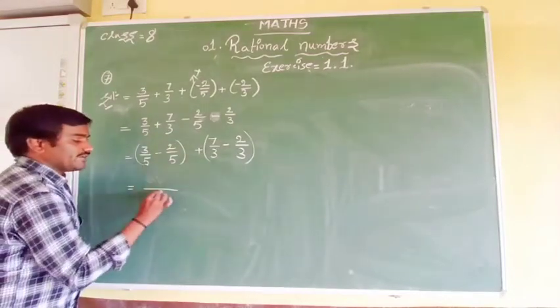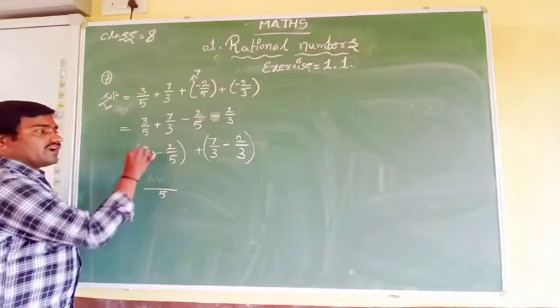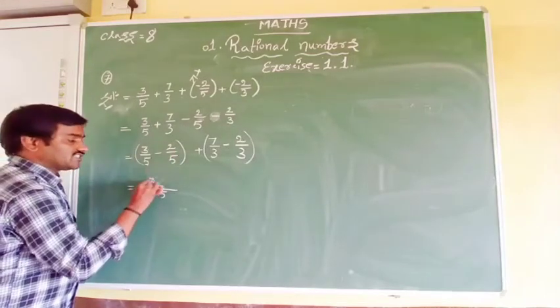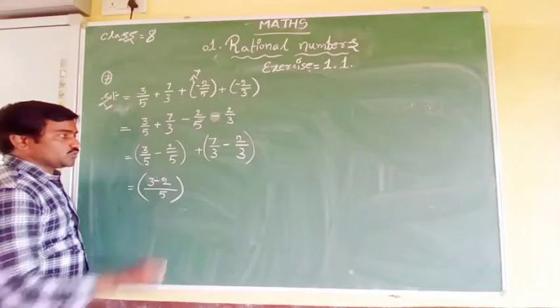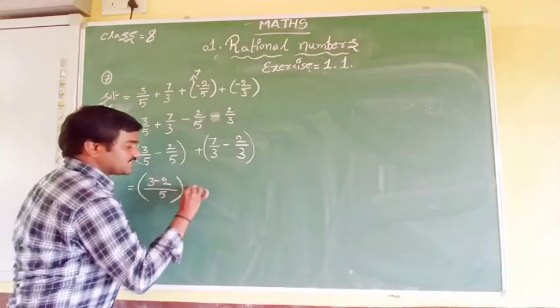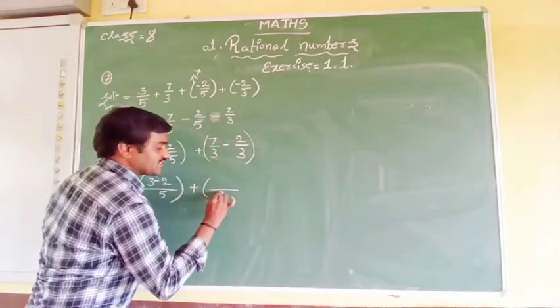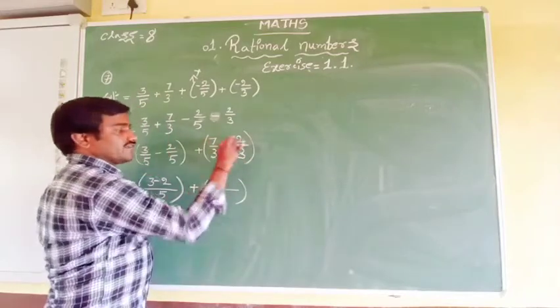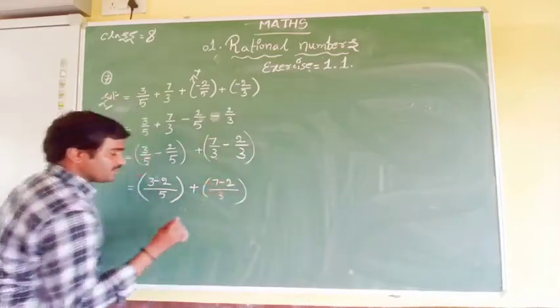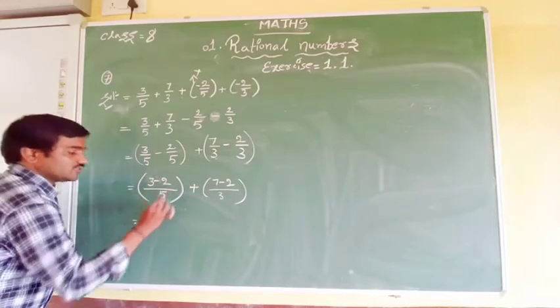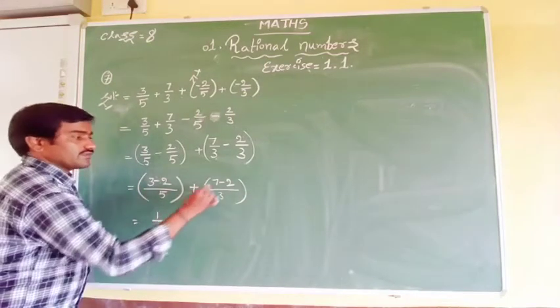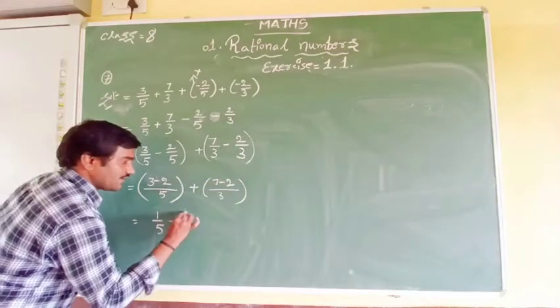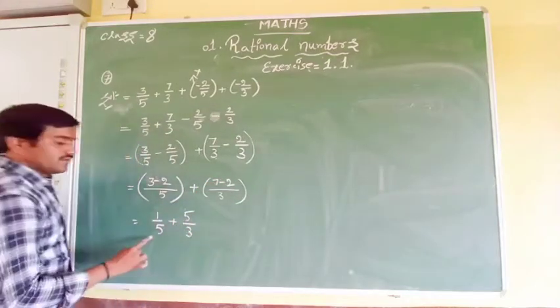Write the same denominator and write the numerators as they are. 3 minus 2, plus, with the same denominator 3, 7 minus 2. Let us simplify now: 3 minus 2 is 1 by 5 plus 7 minus 2 is 5 by 3.